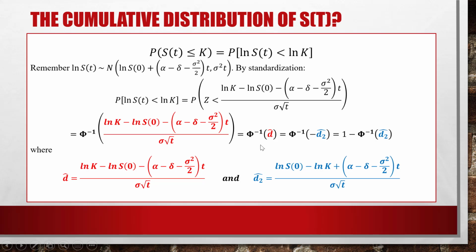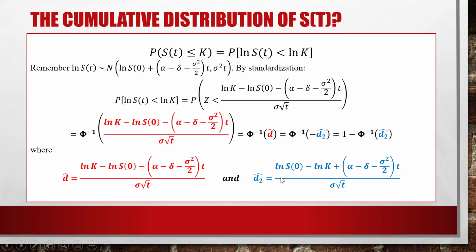So phi of d is phi of minus d2 hat. And by using the property of the normal cumulative distribution, we get this is 1 minus phi of d2 hat, where d hat here is natural log of k minus natural log S0 minus alpha minus delta minus sigma squared over 2 times t, over sigma square root of t.